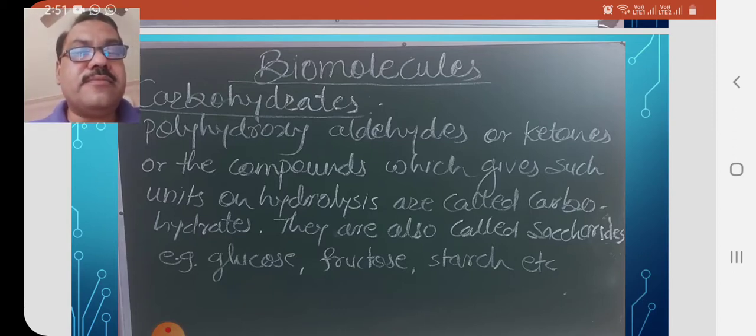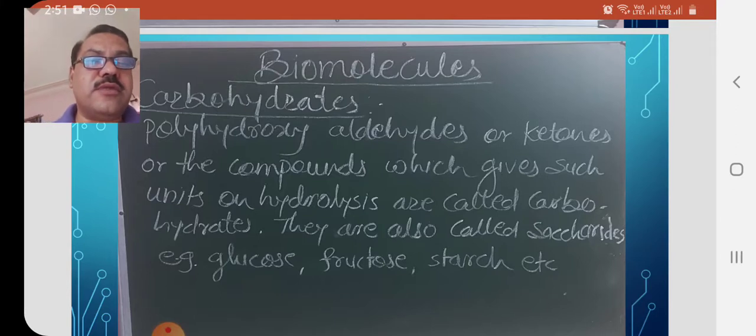For example, sucrose or cane sugar on hydrolysis gives glucose, therefore cane sugar or sucrose is also called a carbohydrate. Or starch, which on hydrolysis gives glucose, therefore starch is also called a carbohydrate.